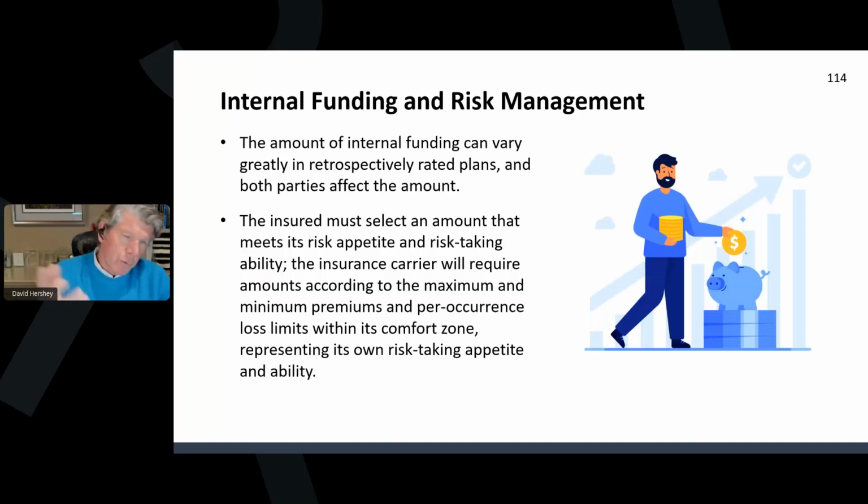So this is just an acknowledgement that insurance carriers, through the assignment of a minimum and a maximum, do so based upon what their risk appetite is. And that's quite normal.